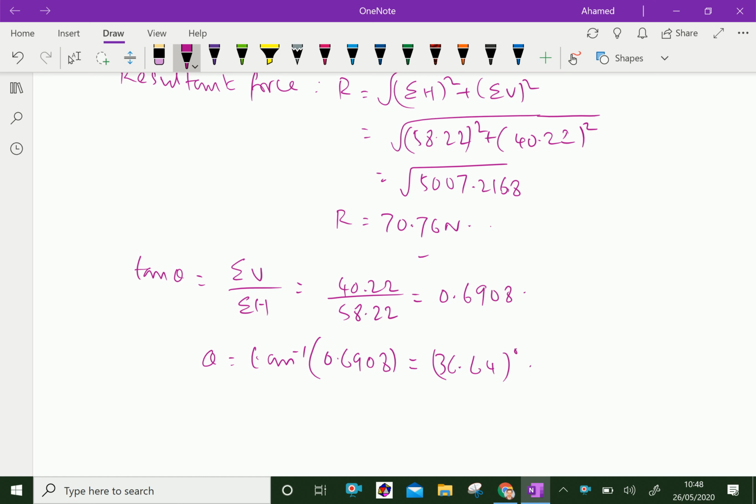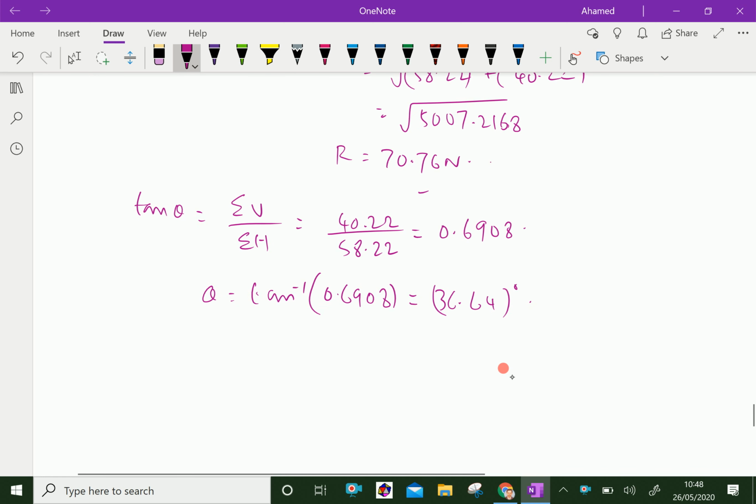Now both are positive, it is in the first quadrant, therefore the direction theta equals 36.64 degrees.